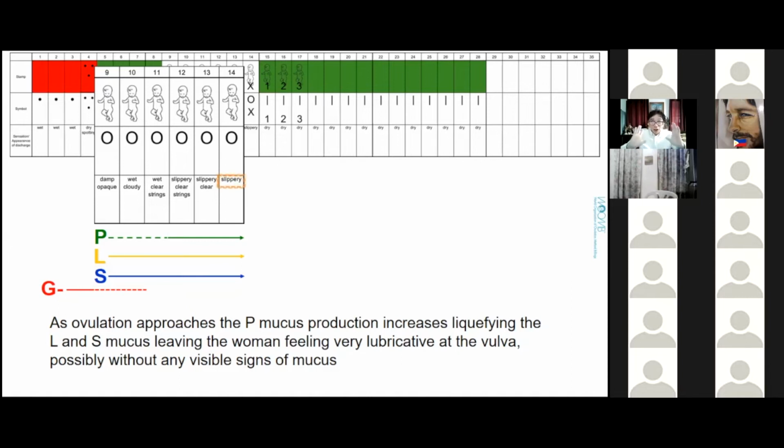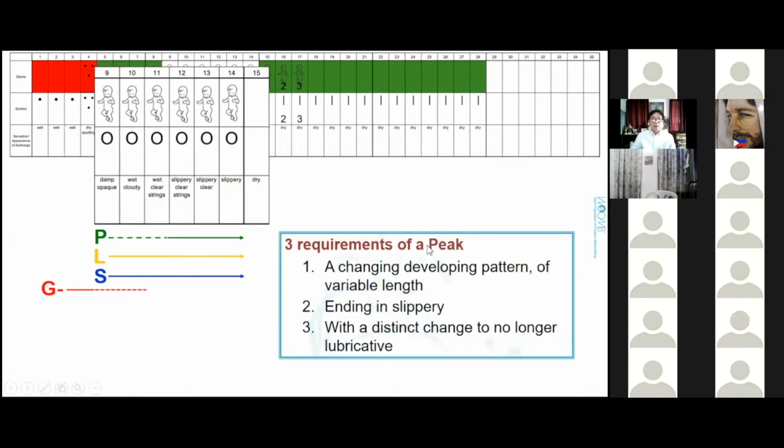So we are trying to what? To look at the studies of Eric Odeblad and we apply it to the works of what? Dr. John and Evelyn Billings, and that is the Billings chart. Day 14, you notice that there is a flashing there. Maybe that is the peak day, no?